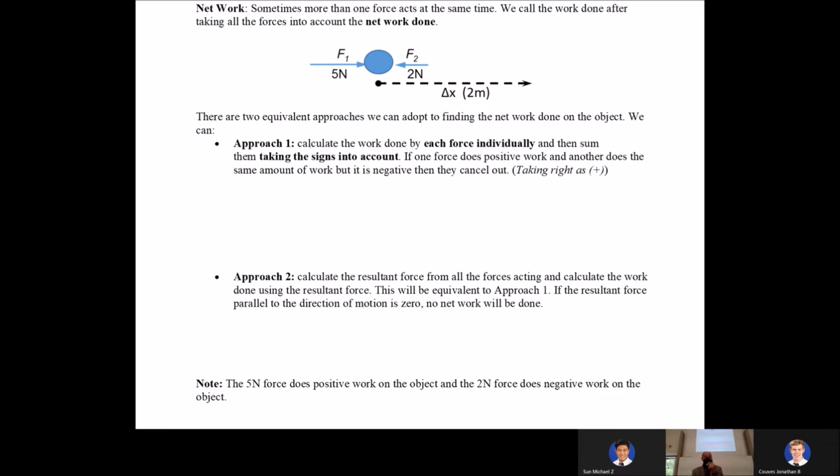The negative is going to come from the cos. You just take the absolute value of the force. For F2, the delta x is that way, but the force is that way. So the angle between them is 180, and cos 180 gives you your minus.